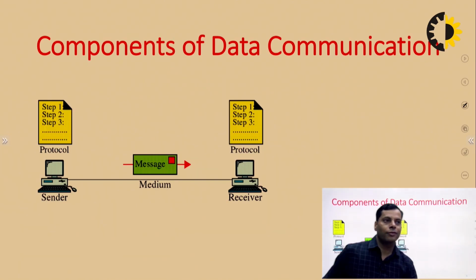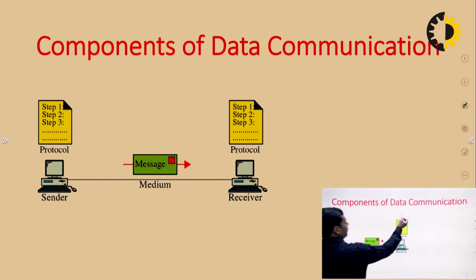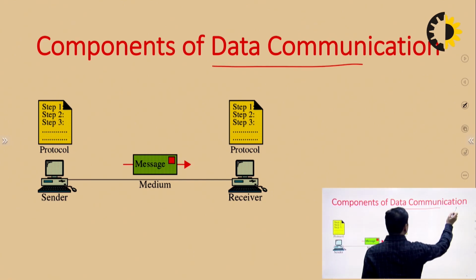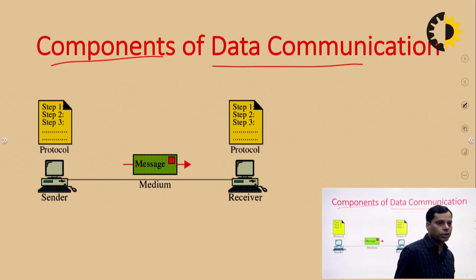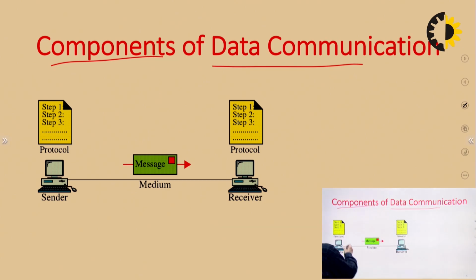Now the next point we discussed earlier is the components of data communication. How many components can be used here? The first one is the sender, who wants to send the data. In this system, the sender will use some protocols, a set of rules which is decided already.